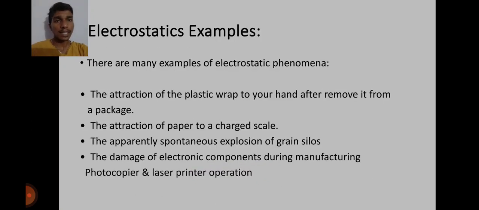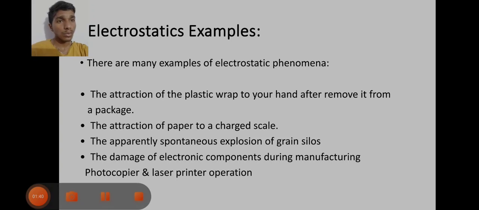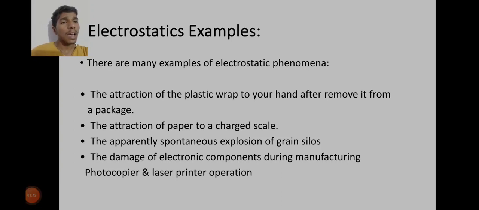There are many examples of electrostatic phenomena. The attraction of plastic wrap to your hand after removing it from the package is an example of electrostatics. When we place our hand near the plastic wrap, we feel that attraction.